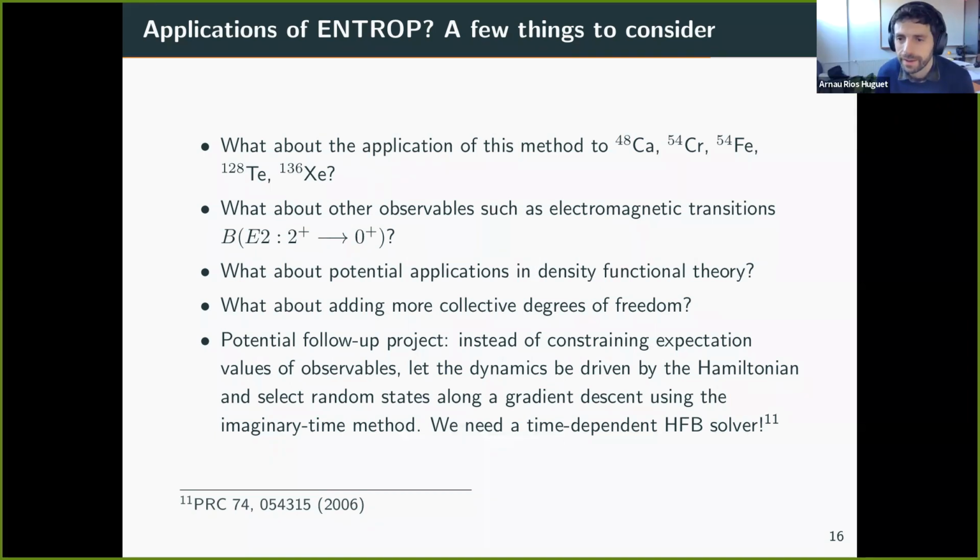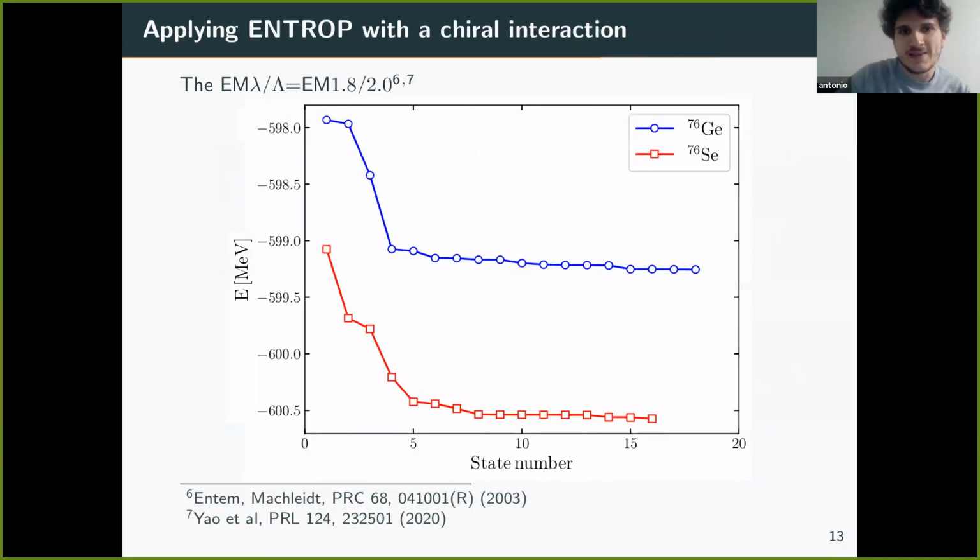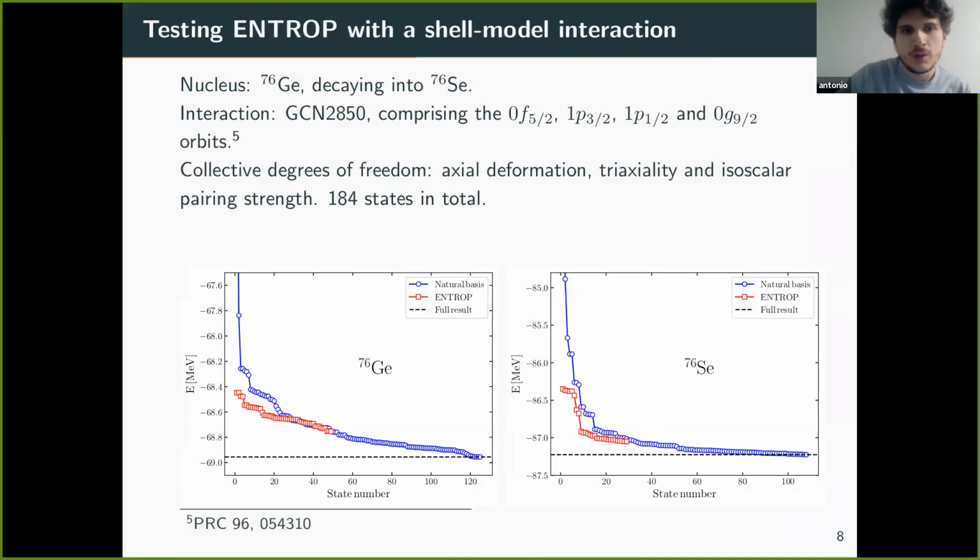So I had a quick question on the computational aspects. You've talked about the number of states, but presumably you need to compute all the overlaps, you need the energies, I presume. So is it really much faster than the full calculation, just by reducing the number of states? Do you have any estimate? Okay. Well, I can tell you about the test that we did with the shell model.